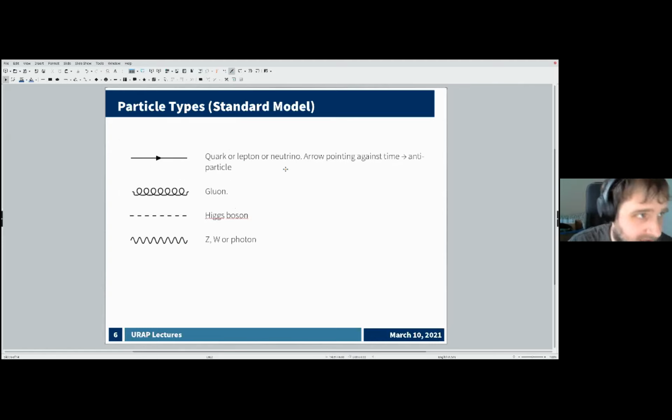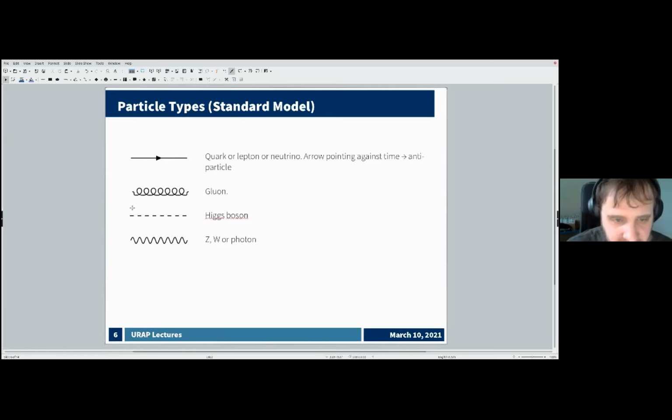The way you indicate which, as I referred to earlier, is by the direction of the arrow. If the arrow is pointing in the direction of time, it's a particle. If it's flowing opposite to time, it's an antiparticle. Once you write down the integral, they come with slightly different rules, and that's why you have to be able to tell them apart.